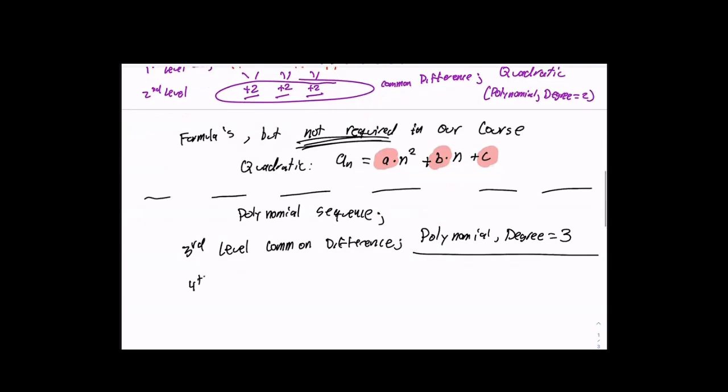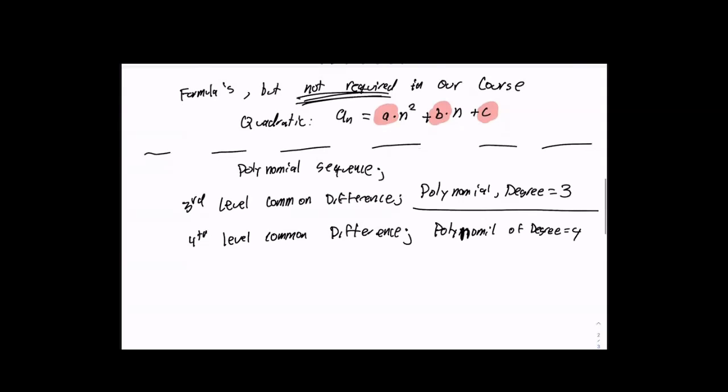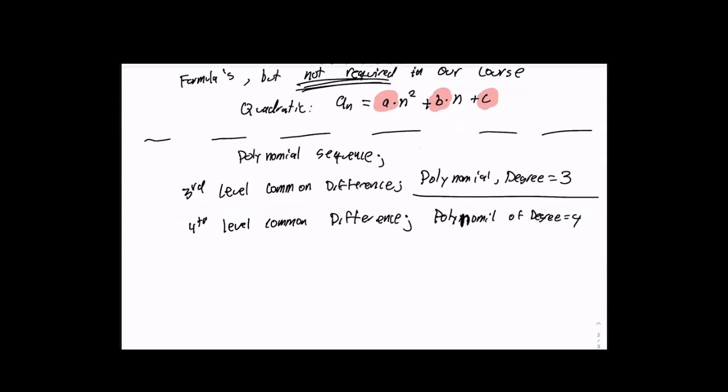If it has a fourth level common difference, then we call that a polynomial of degree equal to 4, and so forth. So in some of your other problems, it might not be the first order, it might be the second, the third, or the fourth level at which the common difference happens.